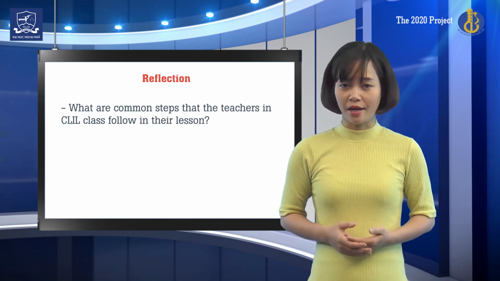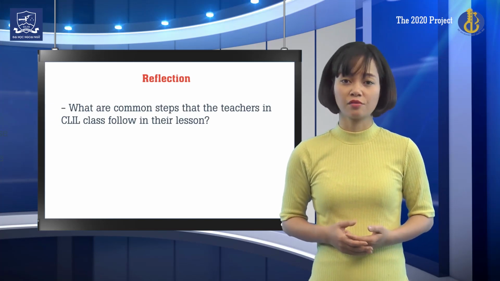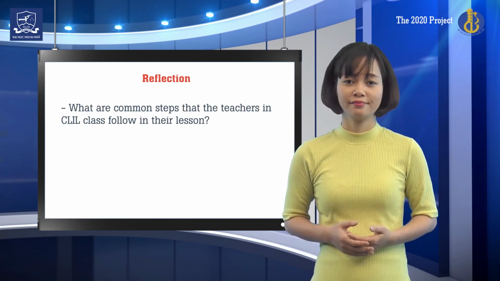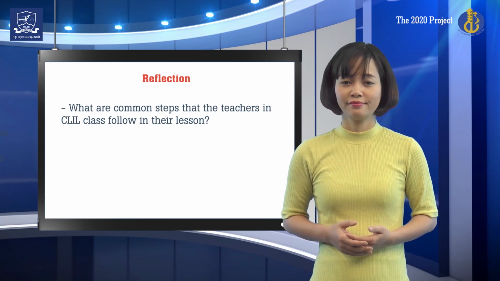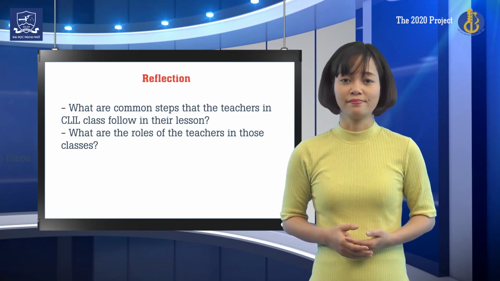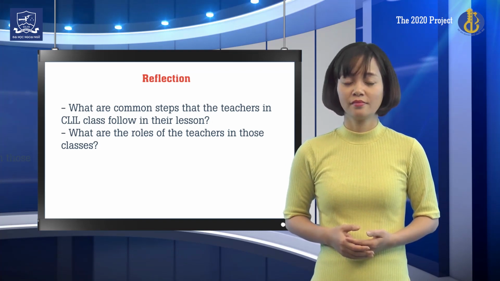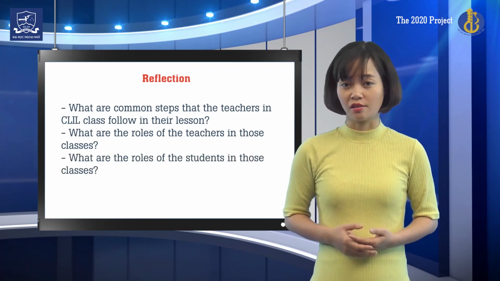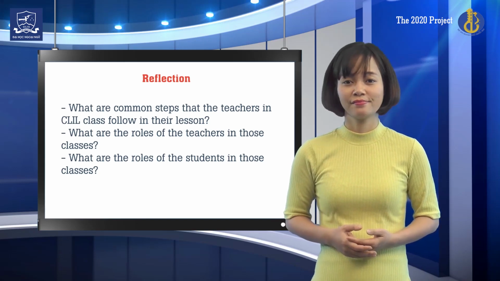What are common steps that the teachers in Kung class follow in the lesson? What are the roles of the teachers in those classes? What are the roles of the students in those classes?